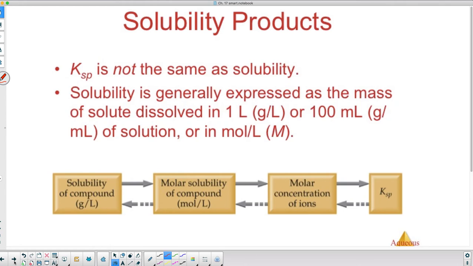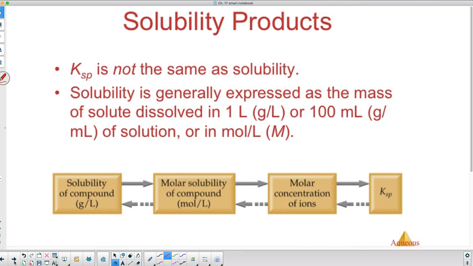So that Ksp wouldn't change if you threw a common ion in there or changed the pH. All those different things would affect solubility, but not the Ksp. So that's one thing you definitely should know: solubility is different than the Ksp. The Ksp is the constant from the solubility system, of which we just showed you on the last slide.